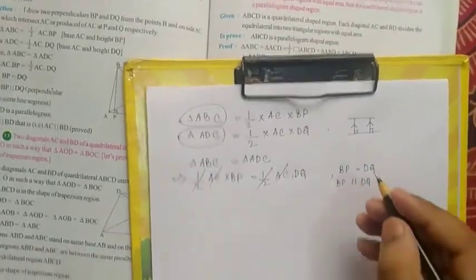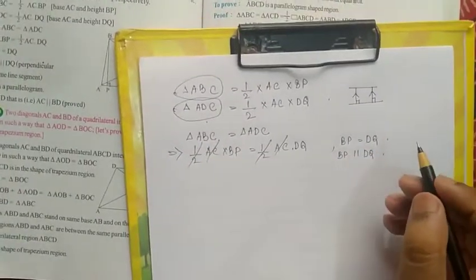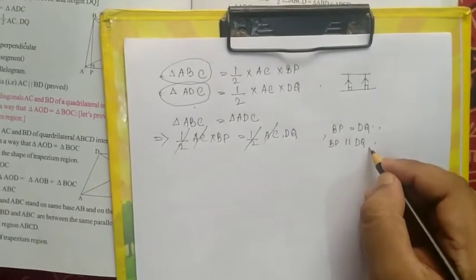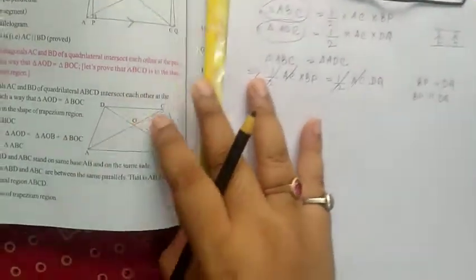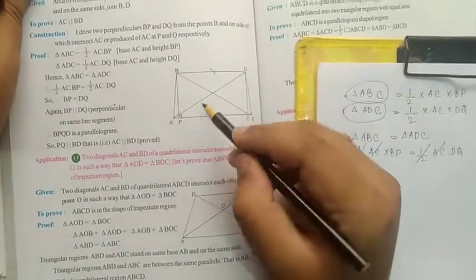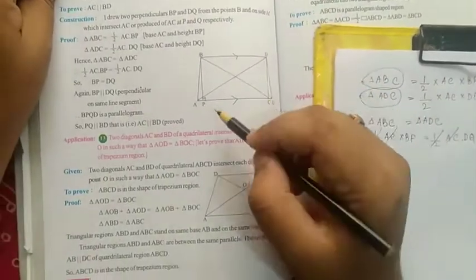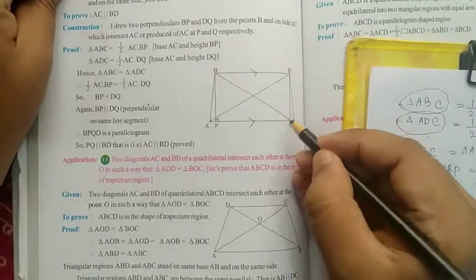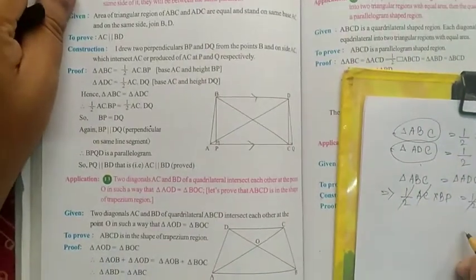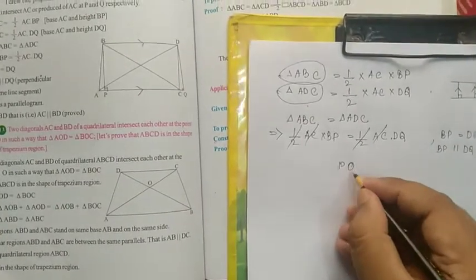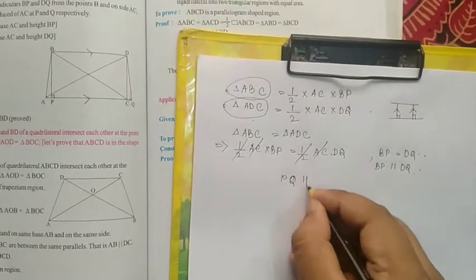So if one pair of opposite sides are equal and parallel, therefore we can say that this is a parallelogram. So BPQD is a parallelogram. If BPQD is a parallelogram, we can say that PQ is parallel to BD.